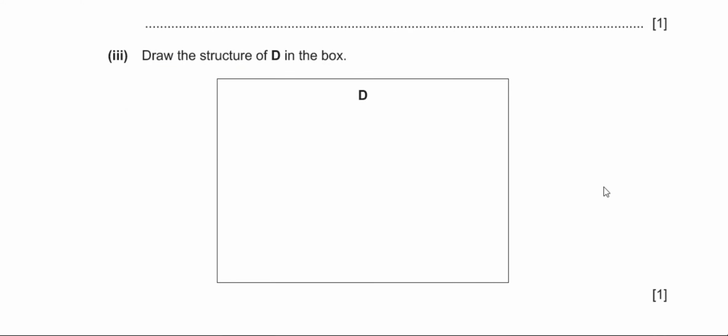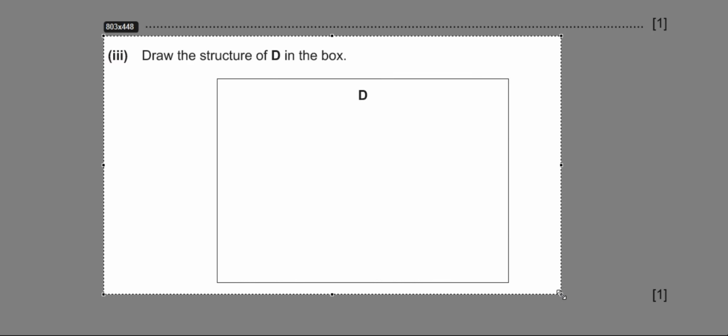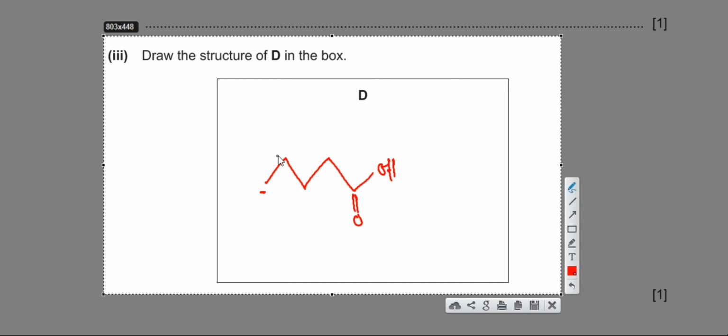Let me quickly draw. Maybe some of you may get distracted, so I'm clearly mentioning here. As I told you, there are 5 carbon atoms, 1, 2, 3, 4 and 5. To the first terminal, or either terminal, it's up to you, you have to draw an acid functional group, and next to the second terminal you have to draw what? An alcohol functional group.